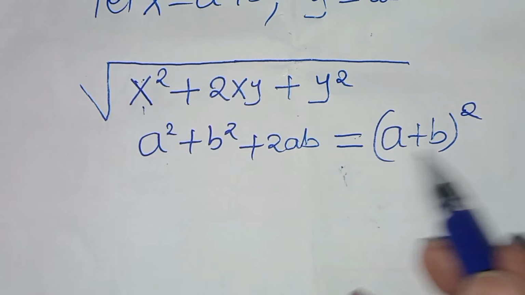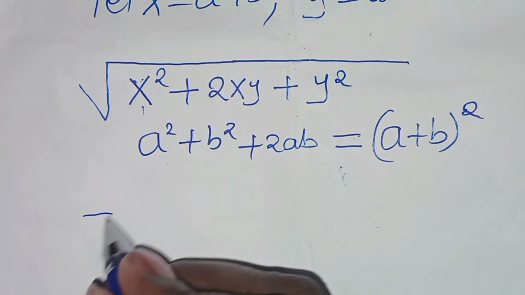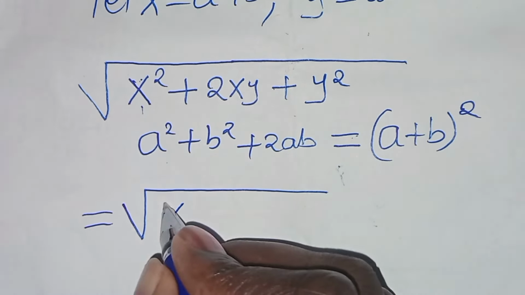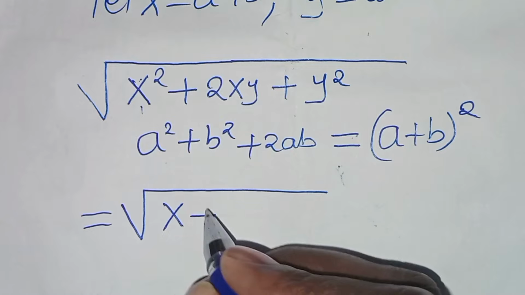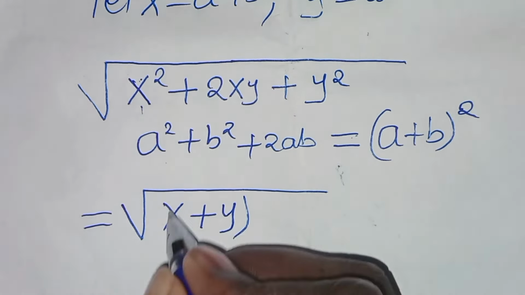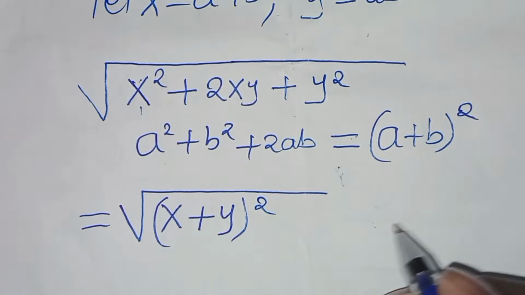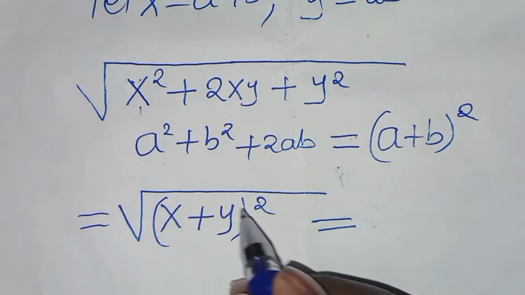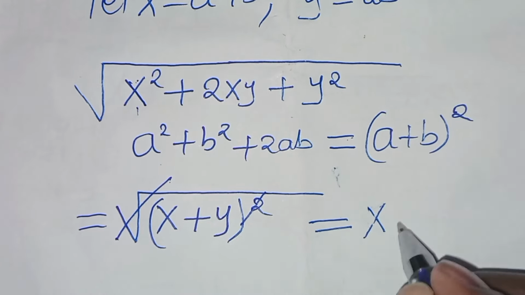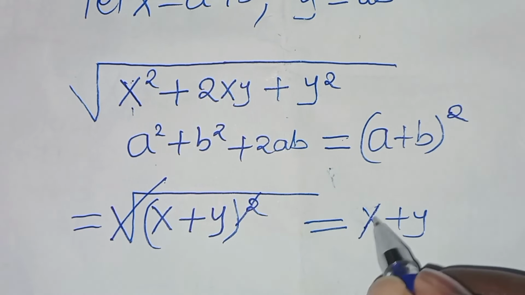Applying this algebraic identity, we have the square root of x plus y squared. So we eliminate the square root sign, and now we have x plus y.